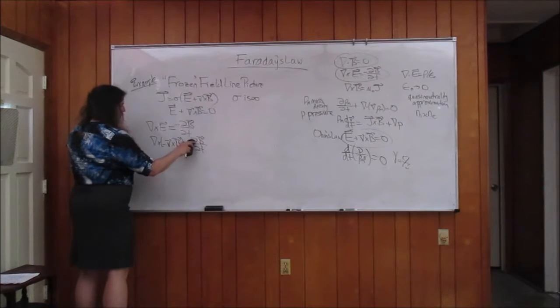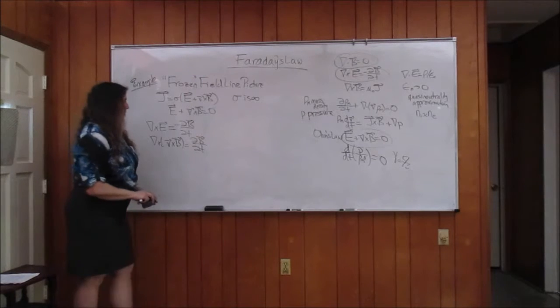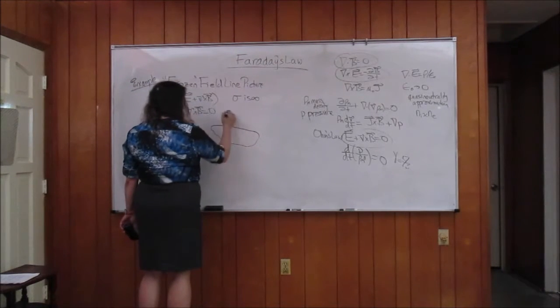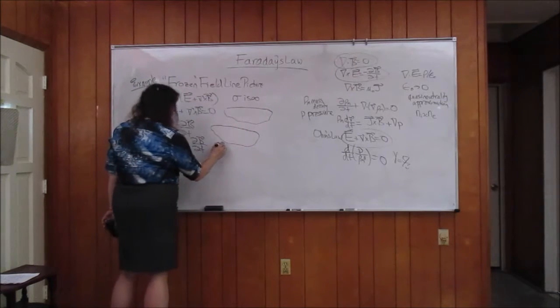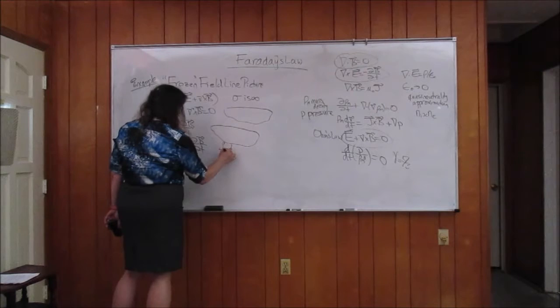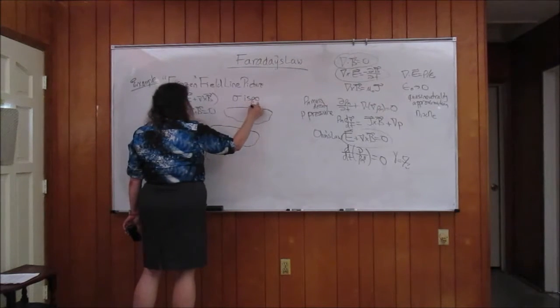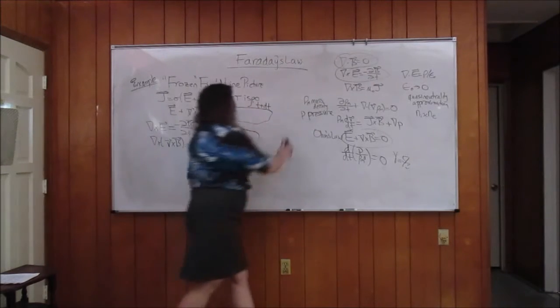So we've got minus on both sides, those drop out. Okay, so we said we were going to have an arbitrary surface. Draw it like this, and this is our surface S at time t, and this is our surface S prime at time t plus dt.